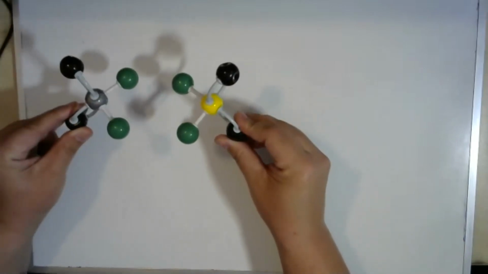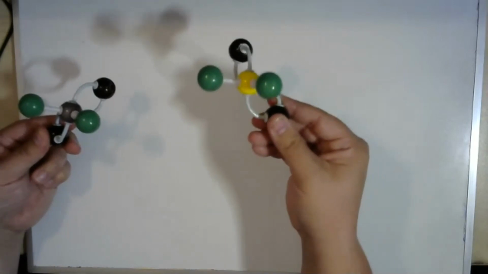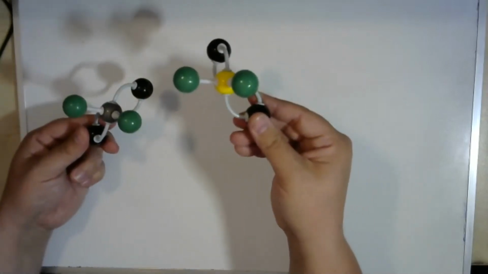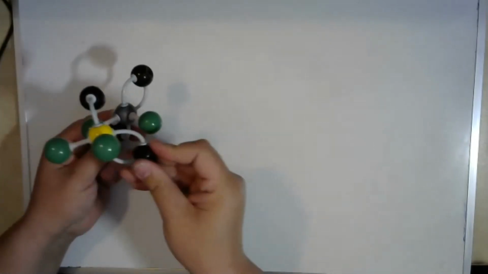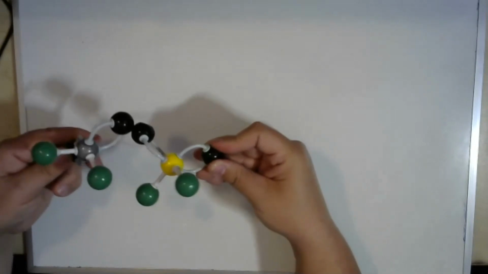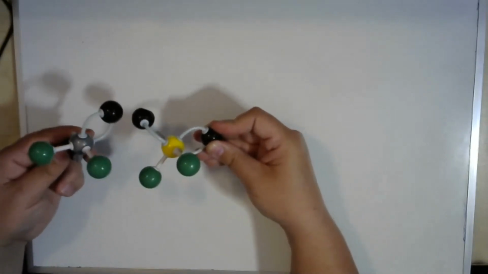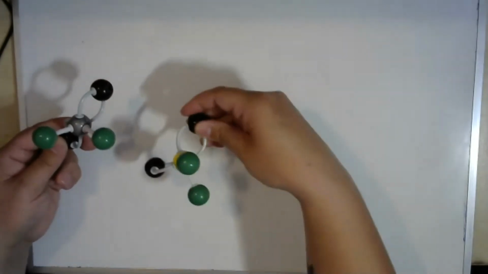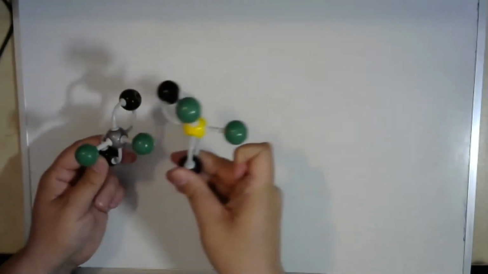So when we take our mirror image, flatten it out, and try to put it on top of the other one, there are differences. The orientation of these is different, because these two things are going in different directions in space. Even if I rotate this molecule, I still have a different orientation.